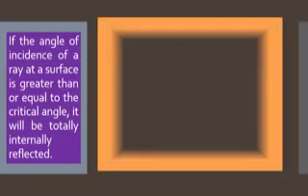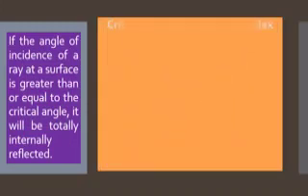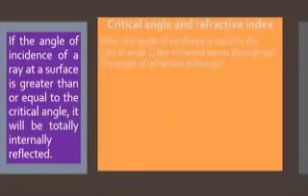If the angle of incidence of a ray at the surface is greater than or equal to the critical angle, it will be totally internally reflected. Critical angle and refractive index. When the angle of incidence is equal to the critical angle, the refracted ray bends through 90 degrees. The angle of refraction is thus 90 degrees.